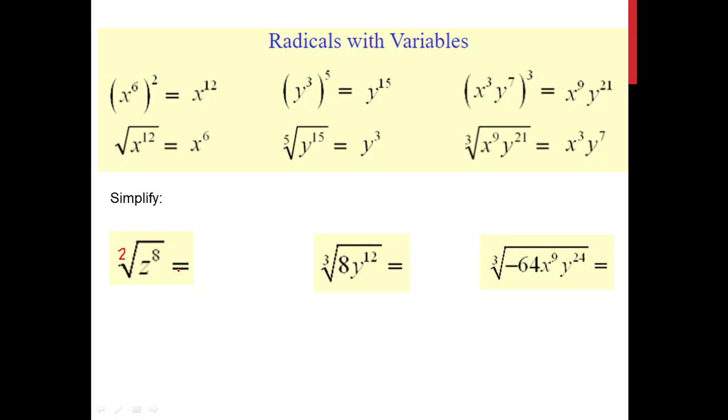That is the simplest explanation on how to simplify variables with exponents. So the square root of z raised to the power 8 is simply z raised to the power 4. So it's the exponent divided by the index.